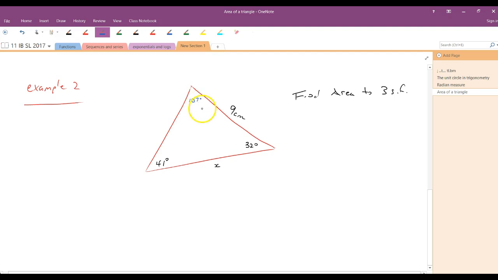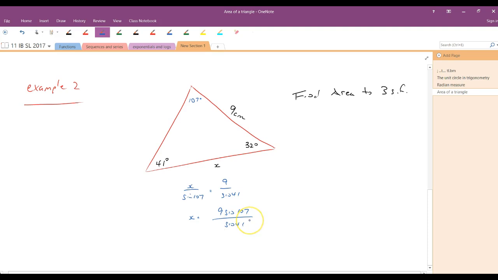So if I use now the sine rule to find x, then x over sine 107 equals 9 over sine 41, so x will equal 9 times sine 107 over sine 41. Okay, so that's my value of x.